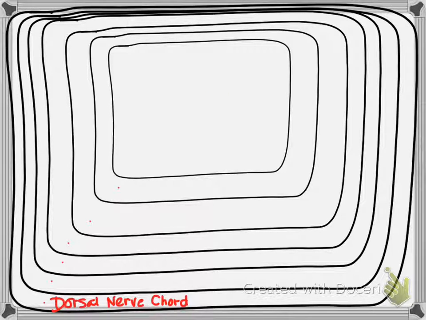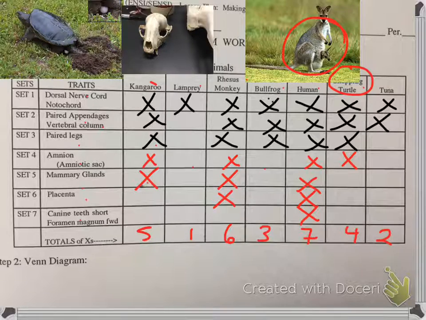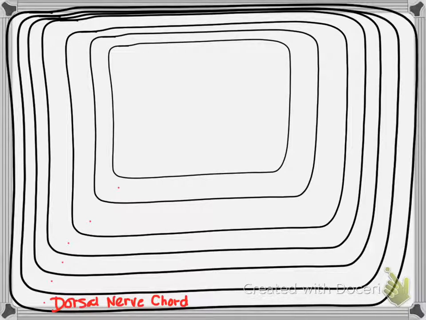So we're going to start off in that outer area by writing the only species that only has a dorsal nerve cord, which is the lamprey. Lampreys have a dorsal nerve cord and nothing else. They don't share any of the other features here.